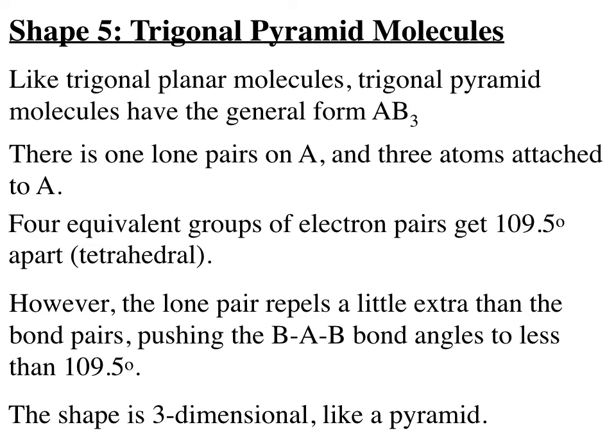So the 3 remaining bonds, which would have been 109.5 had the 4th location had a B, will now be pushed so that they are tighter bonds than they were before. So the 3 remaining bonds are pushed to angles less than 109.5. Now these 3 remaining bond angles are not flat, just like tetrahedral molecules. They are 3-dimensional.